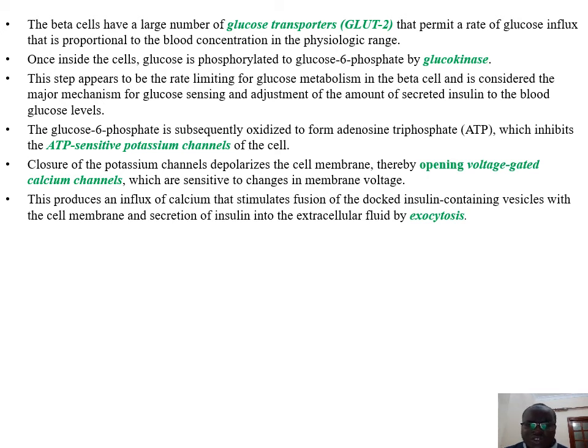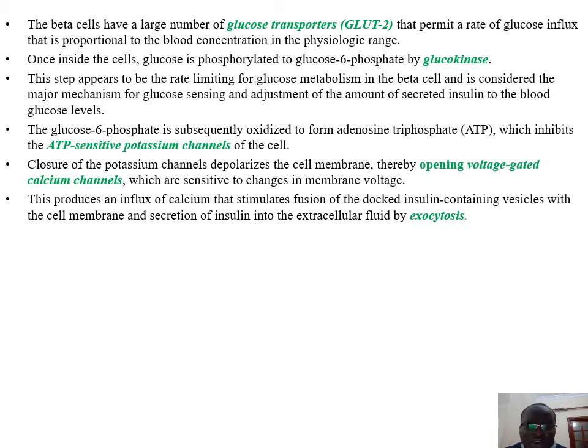The glucose 6-phosphate is subsequently oxidized to form adenosine triphosphate, which inhibits the ATP sensitive potassium channels. So these are the ATP sensitive or ATP dependent potassium channels I was talking about. So they will close.